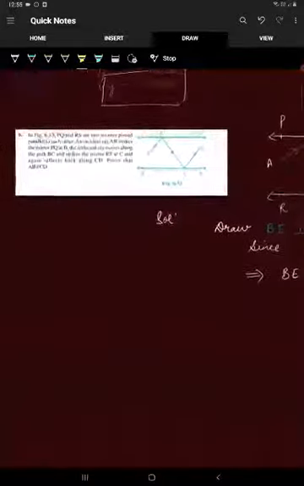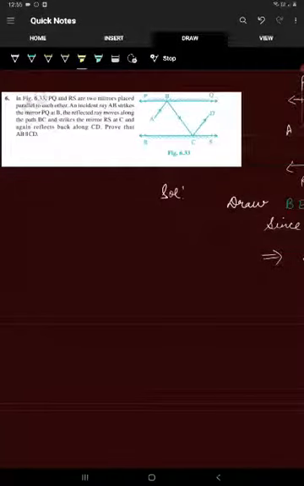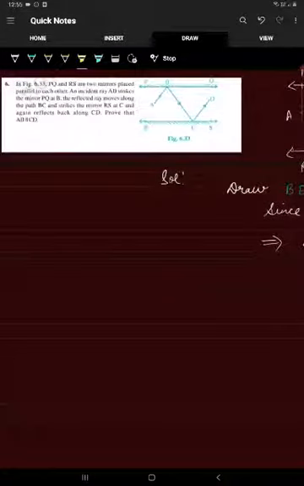Now the next question; this question has a connection with your science book also. In figure 6.33, PQ and RS are two mirrors placed parallel to each other.